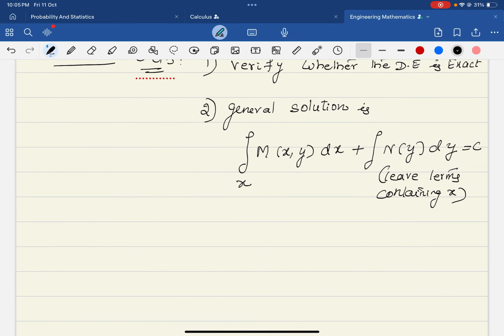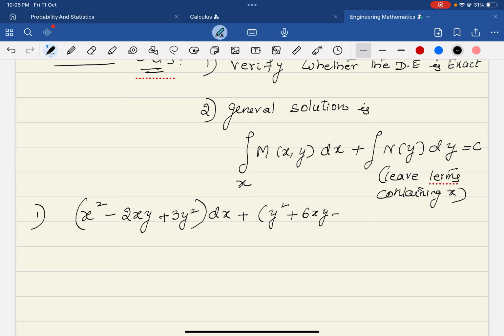Now let us solve the problem so that you will understand how to solve this type of exact differential equations. (x square minus 2xy plus 3y square) dx plus (y square plus 6xy minus x square) dy is equal to 0.